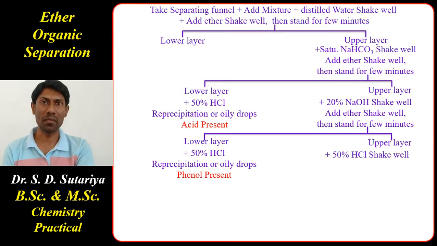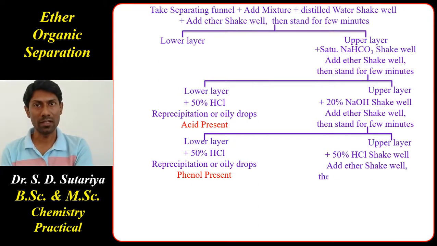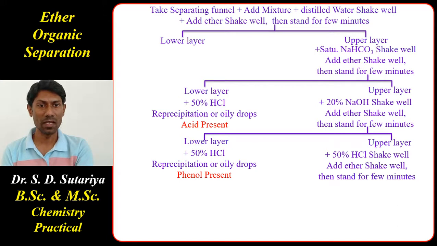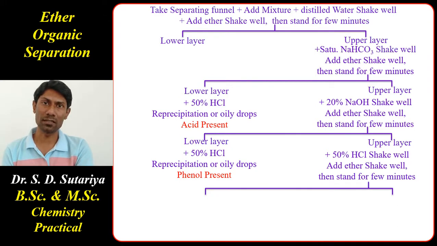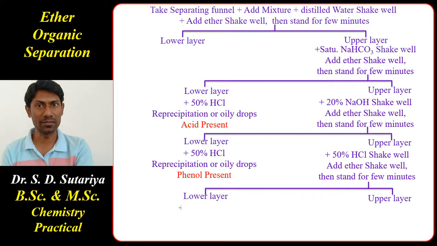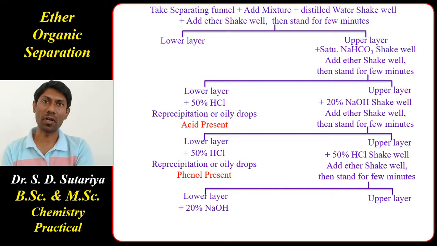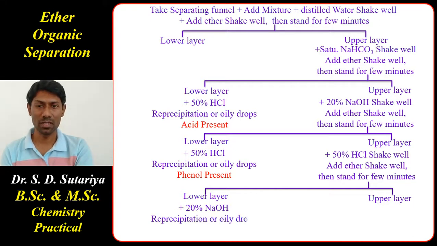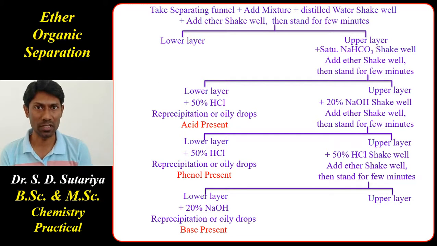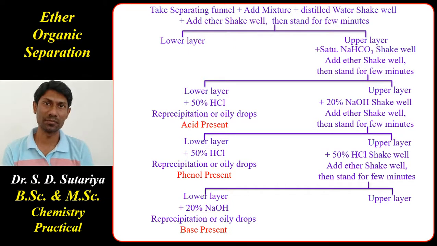To the upper layer add 50% HCl, shake well, then add ether, shake well, and stand for 4 minutes, then divide into lower layer and upper layer. Collect the lower layer in a beaker and add 20% NaOH, stir, and consider the reprecipitation. In solid form, a solid base is present; in liquid form, as oily drops and a viscous solution, a liquid base is present.